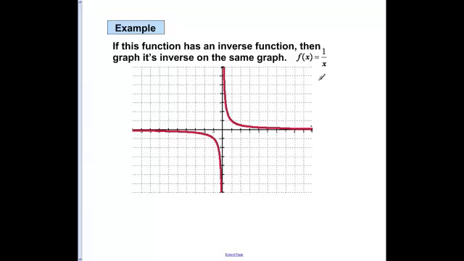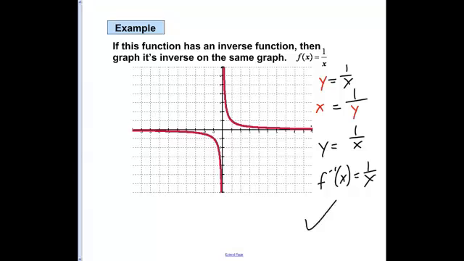We'll let y substitute in place of f of x, and then we interchange x and y according to the steps, and then we solve for y, and as we solve for y, we're going to end up with the same equation. So we do have an inverse function, and the inverse function is the same as the function itself, so the graph is the same graph here.